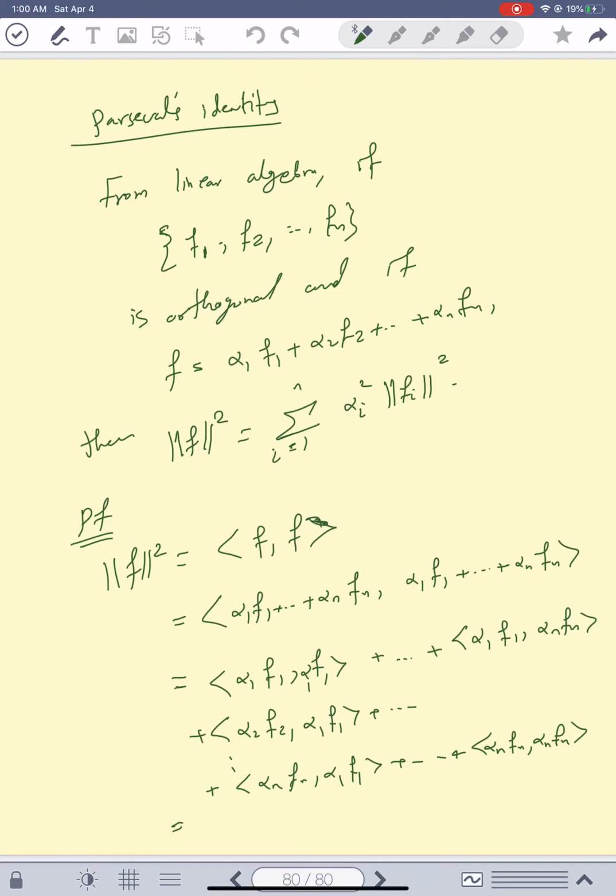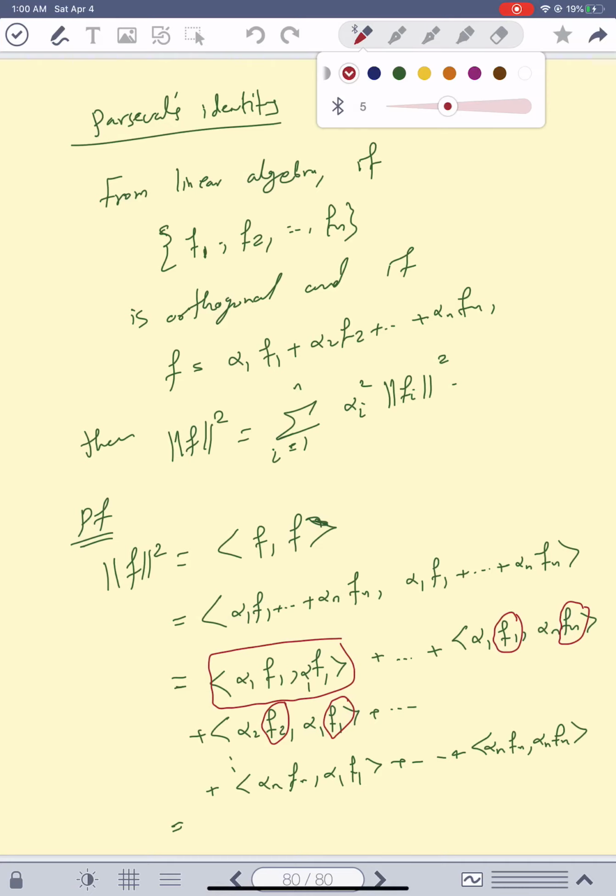But because the functions are orthogonal, f1 inner fn will be 0, and f2 inner f1 will be 0. But in the first line, alpha 1 f1 with alpha 1 f1 is not 0. Please note I'm dealing with real numbers, so the alphas are all real, just to simplify. The complex case is the same thing, you just insert the conjugate in the inner product. So the first term gives alpha 1 square times f1 square.